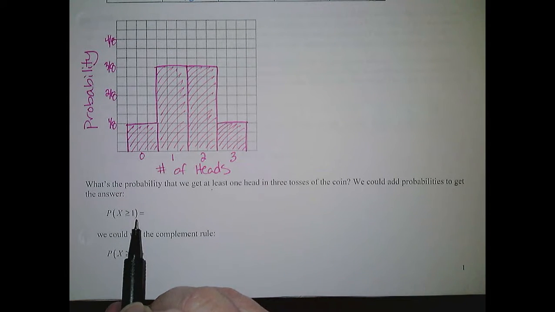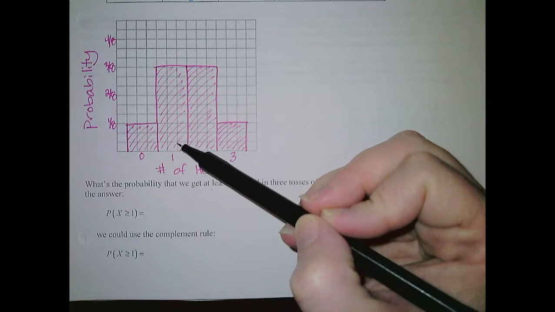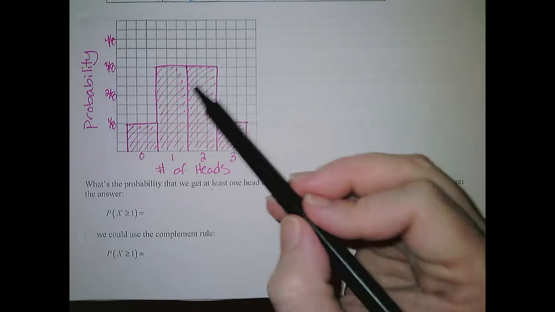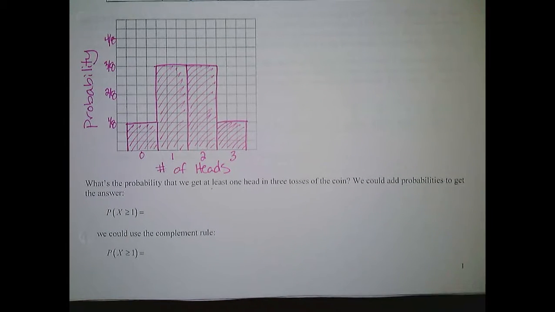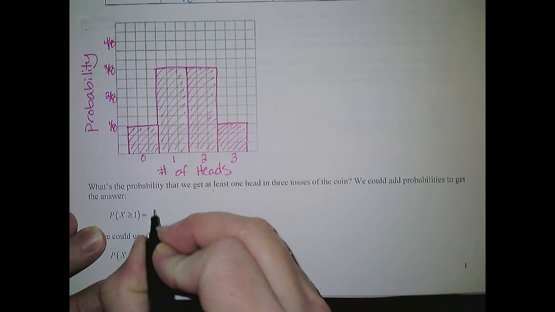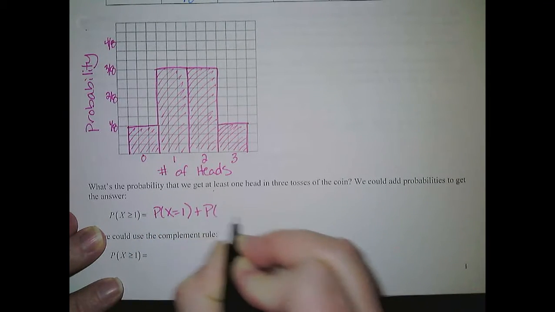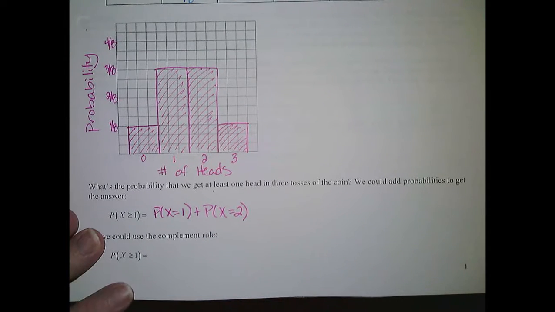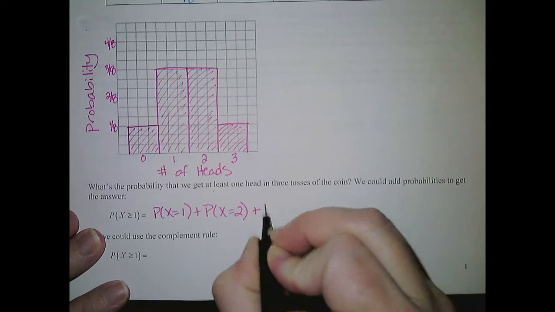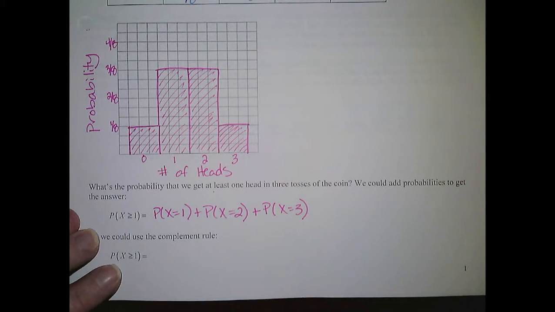Well, that would include all of the outcomes that have exactly 1, because that would be at least 1, but it would also include all of the outcomes that have exactly 2 and all of the outcomes that have exactly 3. So we could calculate that probability by taking the probability that X is equal to 1, adding the probability that X is equal to 2, because that would also satisfy the condition. And we could also add the probability that X equals 3, because that would also satisfy the condition.